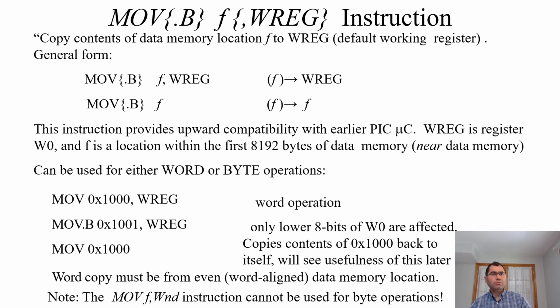And so this is the format. Let me have my pointer there. This is the format for word operation, and this is the format for byte operation. Or here we have another format, which I didn't mention.